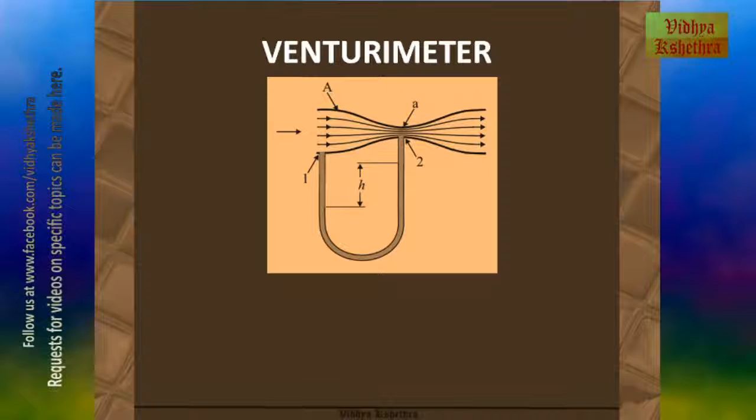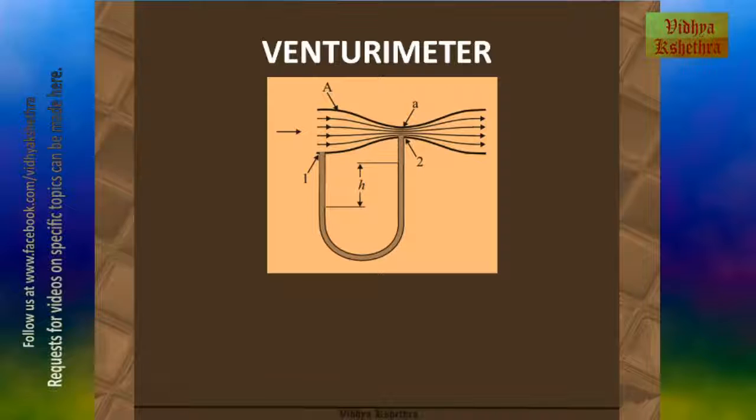We know that the velocities of the flow will be different. In the case of narrower cross section, the speed will be higher, while the velocity of the flow at the wider cross section will be lower compared to the narrower cross section.